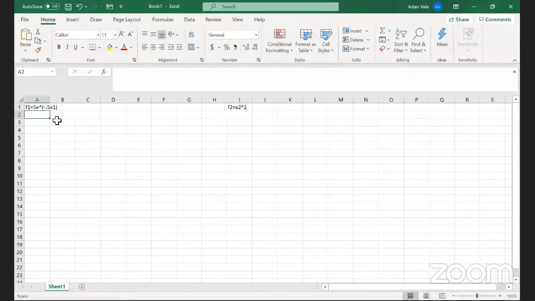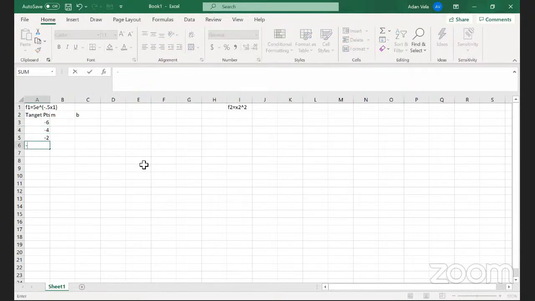And doing this calculation, we're going to have our tangent points. We'll calculate our m, and we will calculate our b. So for our tangent points, we have -6, -4, -2, 0, 2, 4, and 6.